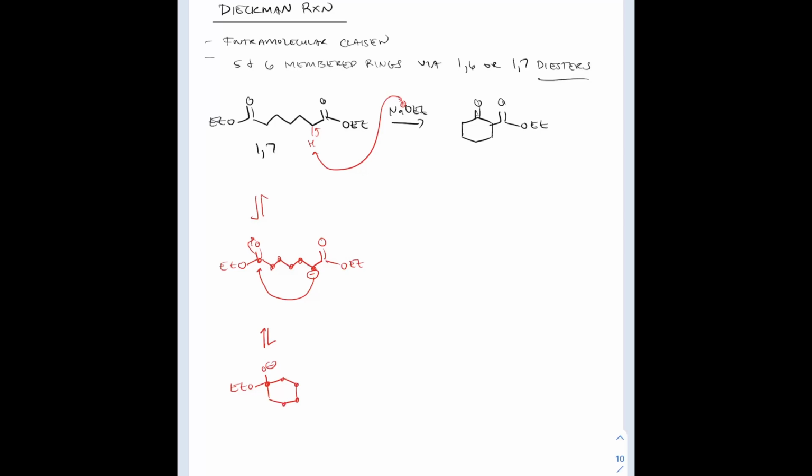So what we want to do is count all of the carbons. 1, 2, 3, 4, 5, 6. We see that the enolate carbon, or the alpha carbon, as well as the carbonyl carbon, complete 6 members of the ring. And now we want to just focus on where those are relative to one another, so that way we can draw the ester or the alkoxide portions, just to keep them there for the final product.